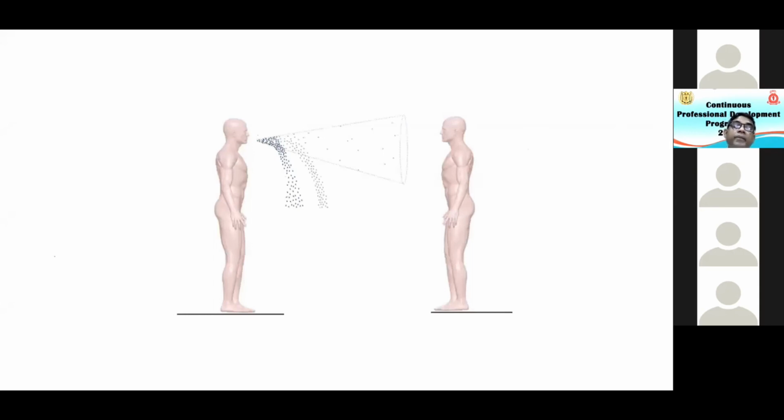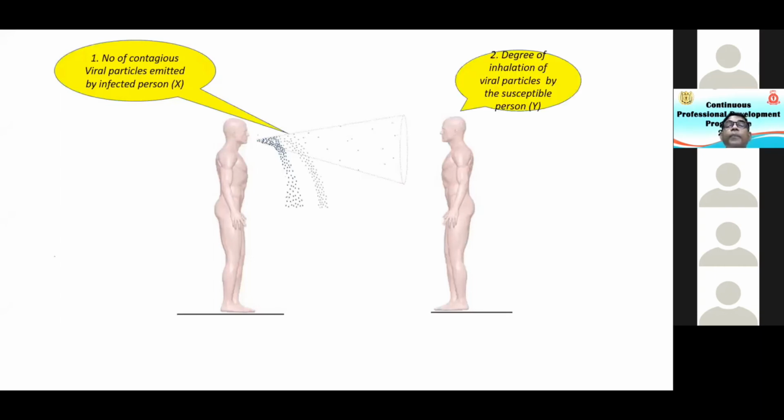Here I have demonstrated this: one contagious person sitting in front of a susceptible person. The infectious person produces a number of contagious particles, amount X, and the susceptible person inhales a number of contagious particles, Y. If the contagious person produces more infected particles, the chances of the second person getting the disease will be high.